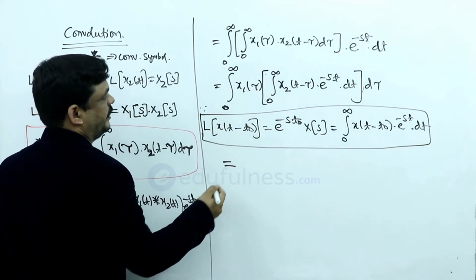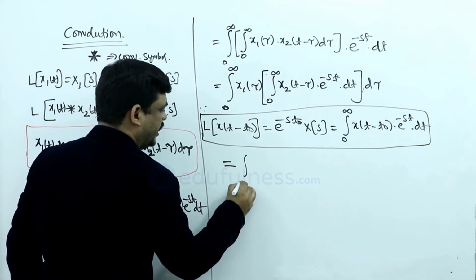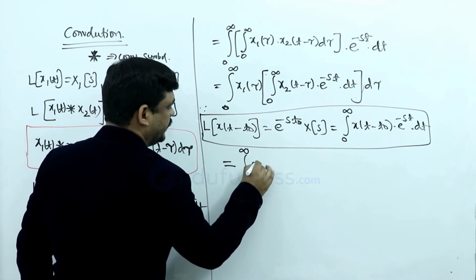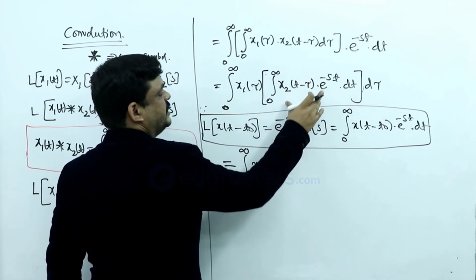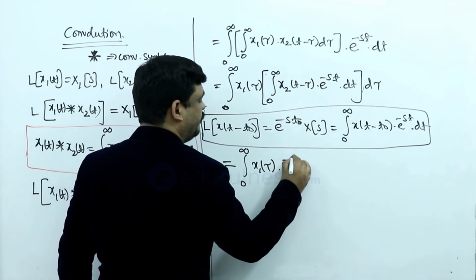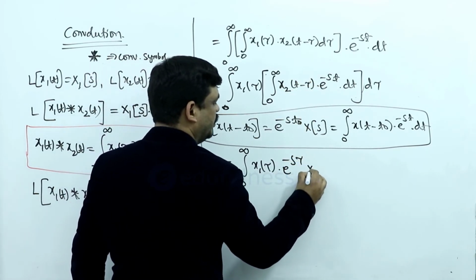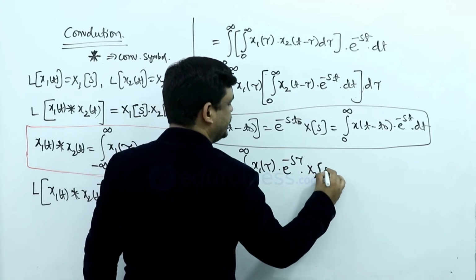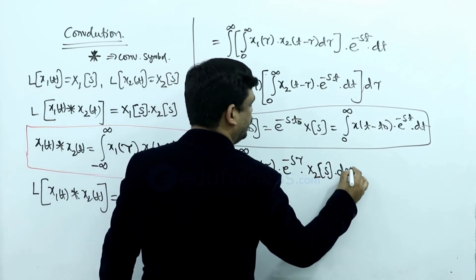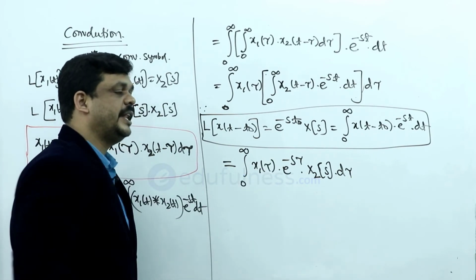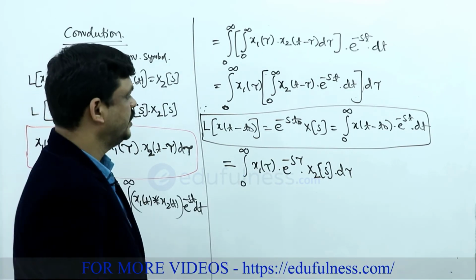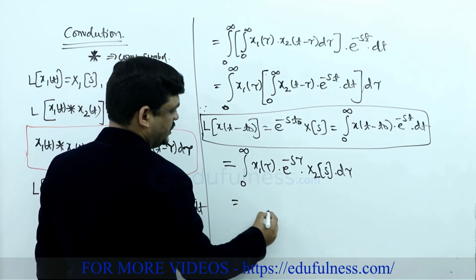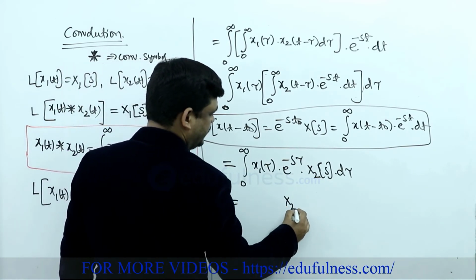From this property, I am writing the integration from 0 to infinity of x1 of tau into e to the power of minus s tau x2 of s with respect to tau. This integration is defined with respect to tau, and the remaining variables become constants. That's why I am writing x2 of s outside.